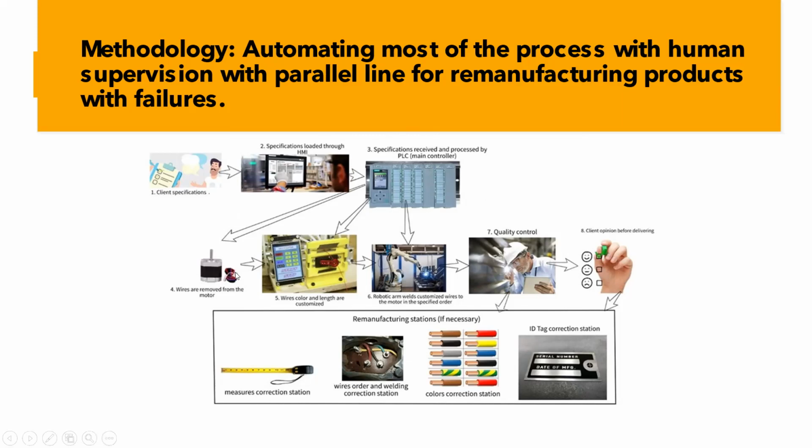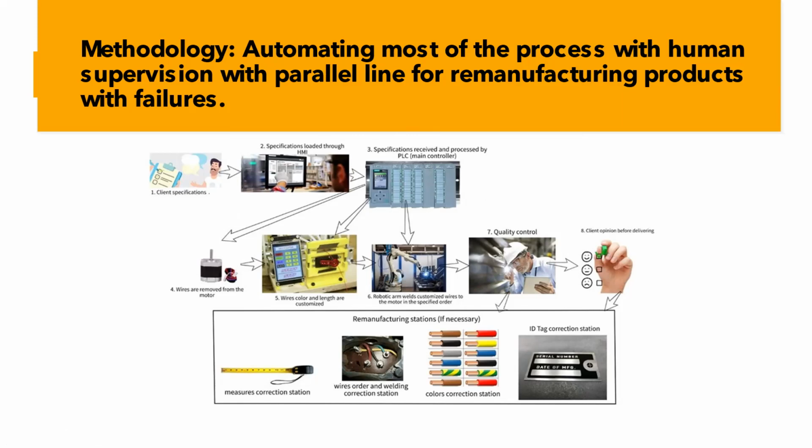For example, a cutting machine will be in charge of cutting all the wires for the motors, and also of selecting which colors the customers want to have in their final product. Also, a robotic arm will be in charge of welding the wires to the stepper motors.